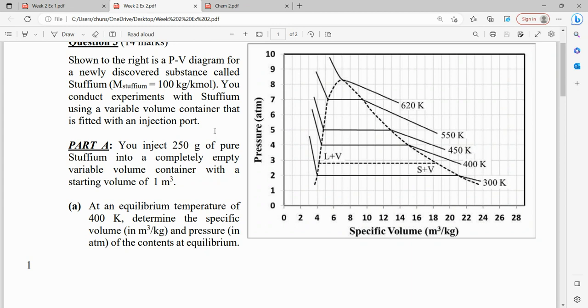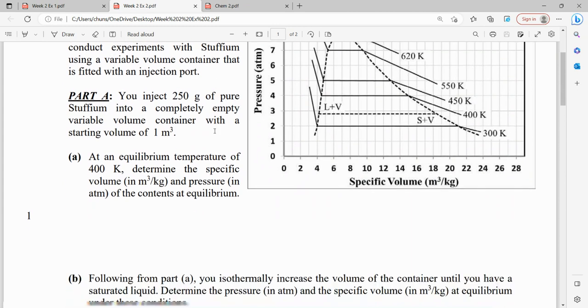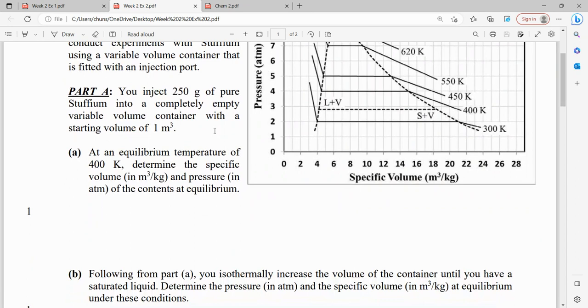Okay. So let's start with what we need to know. We're given our mass and our volume, so we can find specific volume. So let's convert our 250 grams into kilograms.